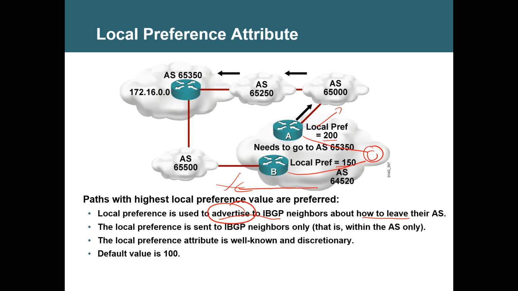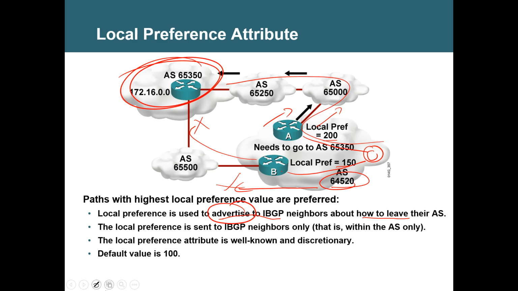I want all my routers in this 64520 to exit like this to reach this network. I don't want to go this way. I prefer going this way. If that is your outbound policy, then you set local preference.